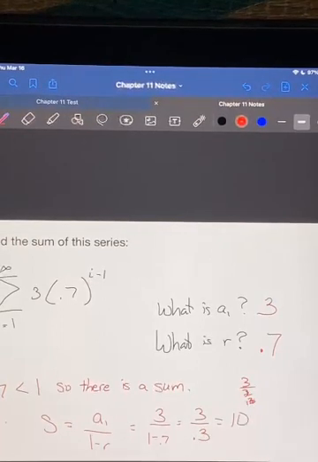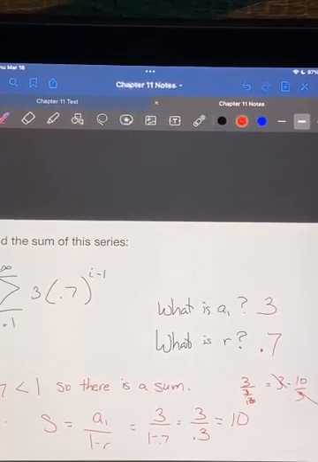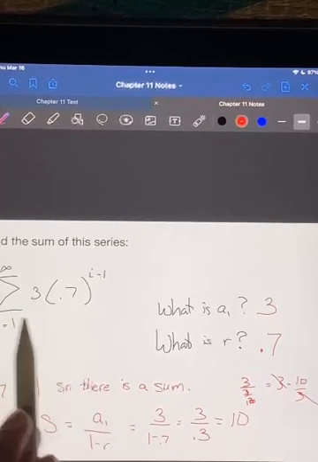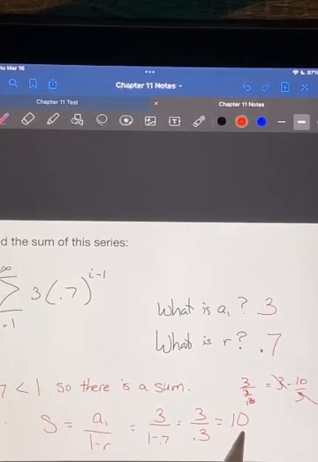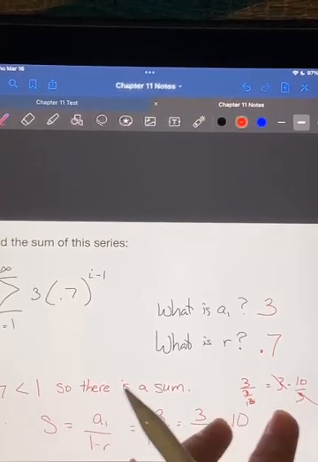Let's do it that way. 3 divided by 3/10 equals 3 times 10 over 3. Those cancel out, and we get 10 there. And so when we add this one up, all of the pieces add together to be about 10, and then it's negligible from that point forward.